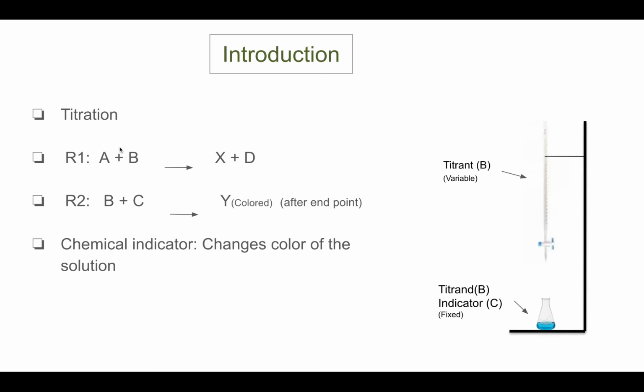So let's start with the introduction. As you have studied titration a lot in this semester, all different types of titration. Basically, we are doing these titrations to determine the concentration of an unknown sample, right?